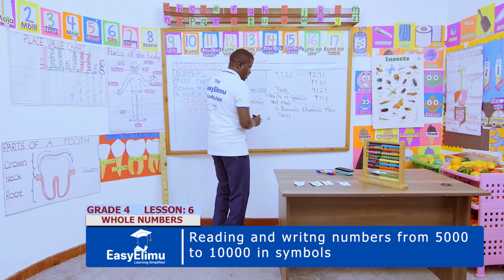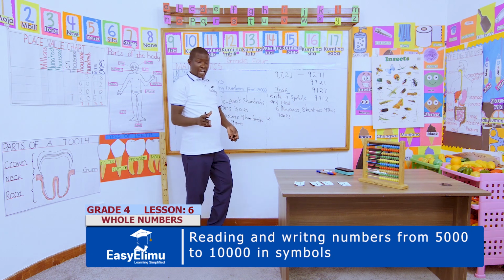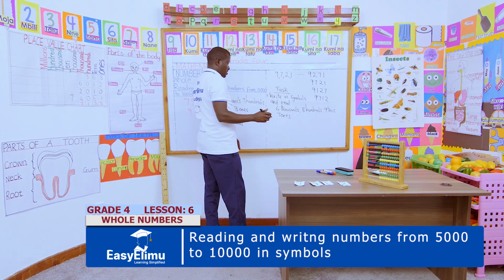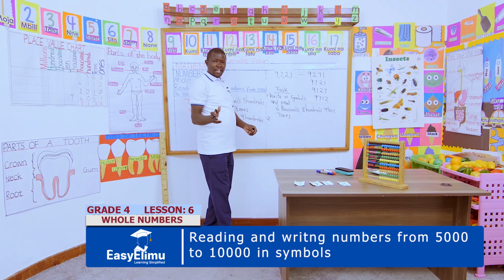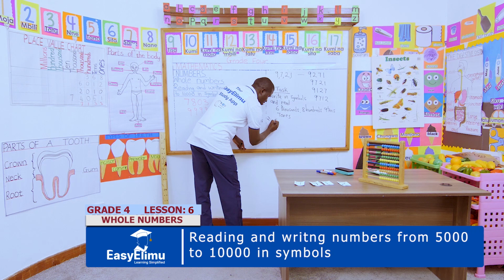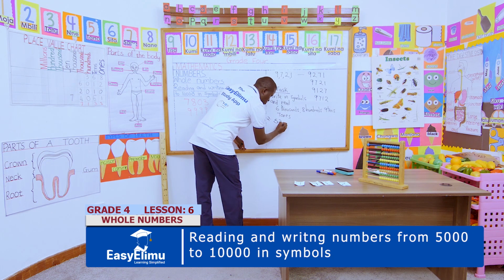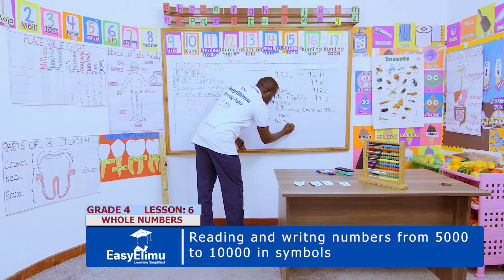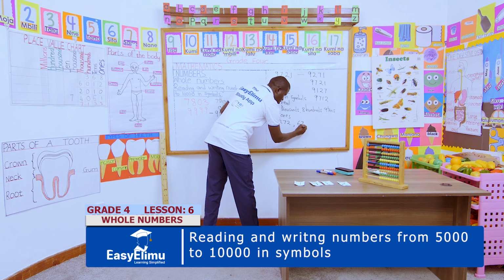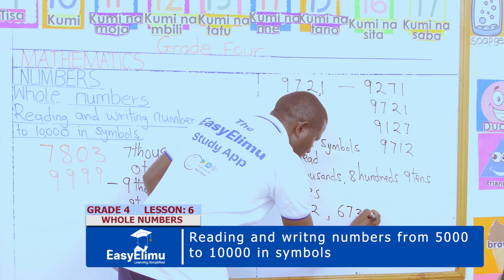Number 2, now in groups of 4, kindly class, we group ourselves in 4s and read each of the following numbers. The first number we are going to read is 5,272. After you read that one, you can also read 6,739.